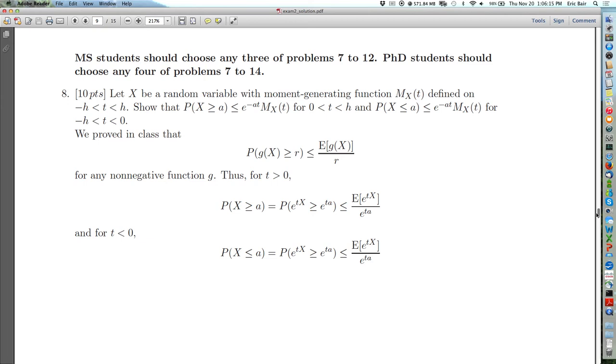So in particular, the probability that x is greater than or equal to a is the probability that e to the tx is greater than or equal to e to the ta. Plug that into the inequality and it gives us the result that you want. A number of people also did it by just imitating the proof of Chebyshev's inequality with e to the tx in place of the function g. That also works. Any question about this one?